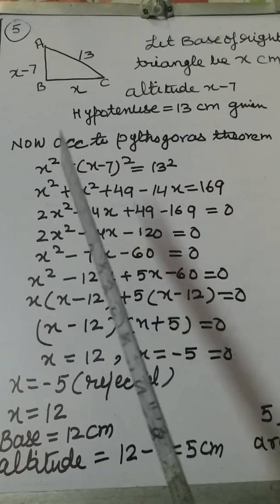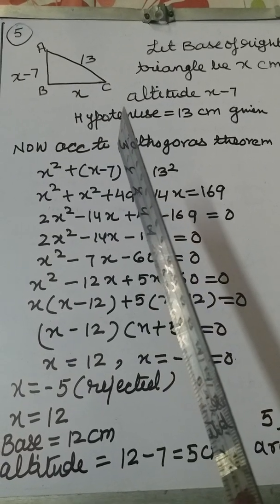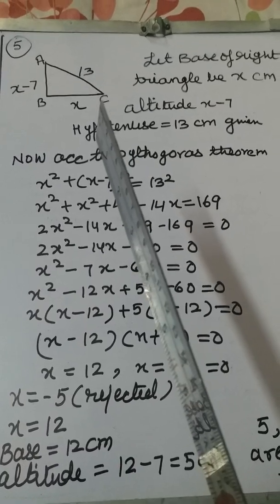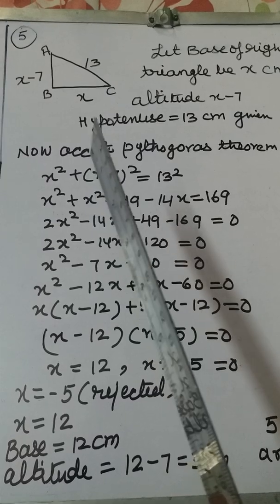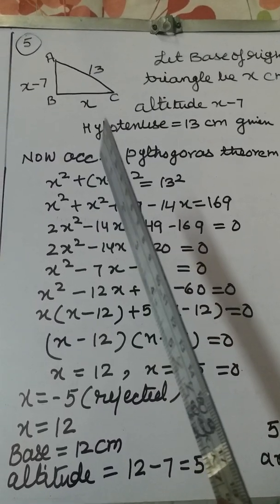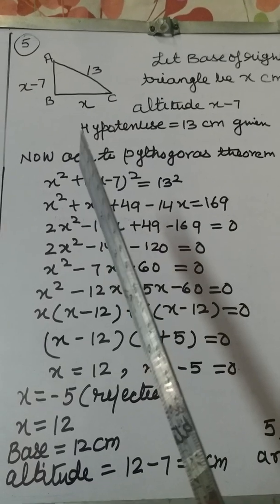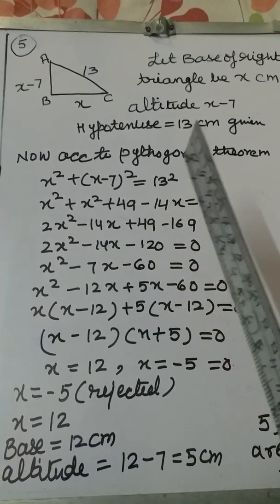We will frame the equation according to the given dimensions. As you must be knowing, in case of a right angle triangle, which theorem is used? Do you know? Yes, here Pythagoras theorem will be used.